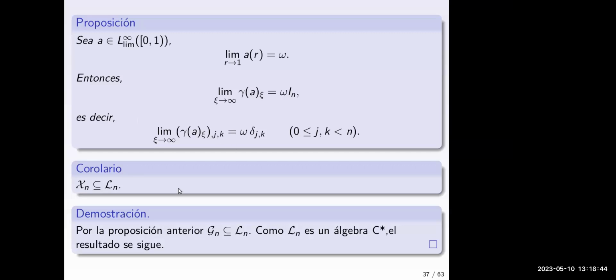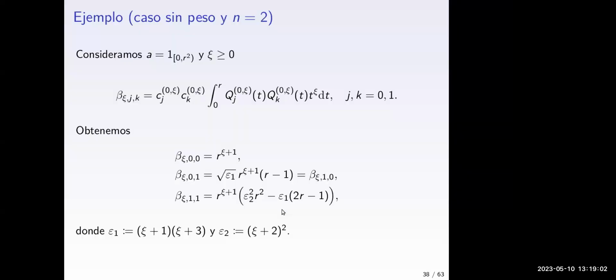And by this proposition, we know that G sub n is a subset of Ln, but because Ln is a C-star algebra, the result follows.